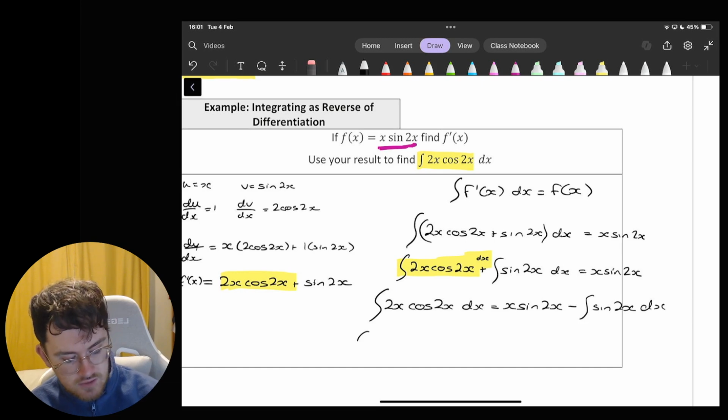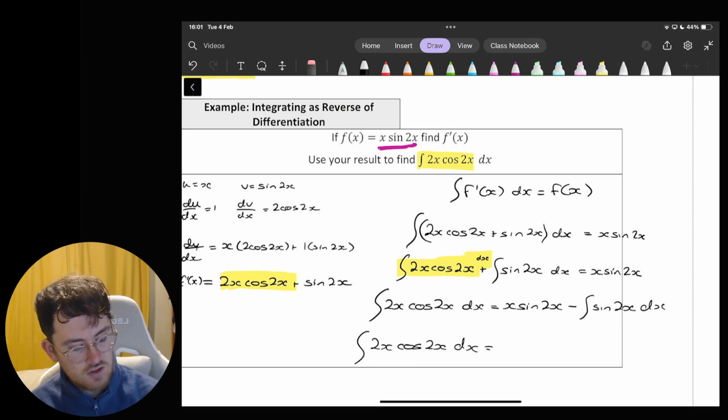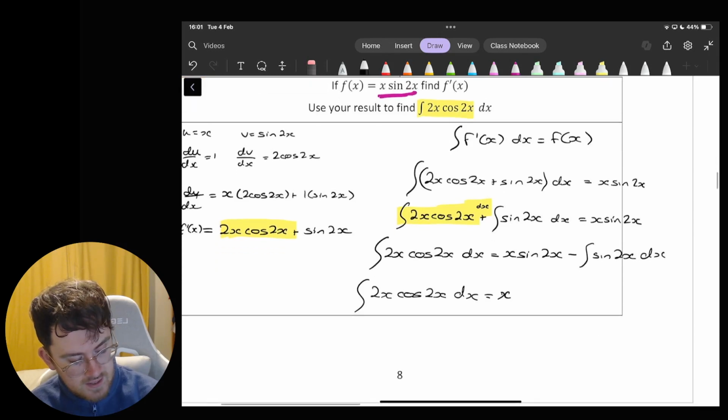All that's left for us to do is to compute any integrals we can. We cannot compute this integral on the left, nor do we have to, because it just asked me to express the value of it. I can keep the x sine 2x as is, and I need to integrate sine 2x here, which is going to give me minus cos 2x over 2. I feel like that's one that we keep doing.